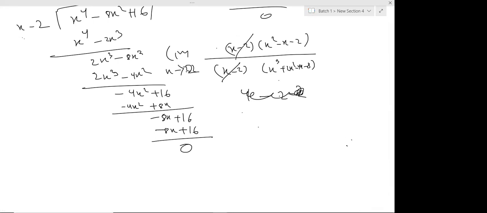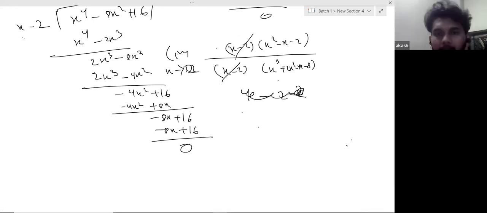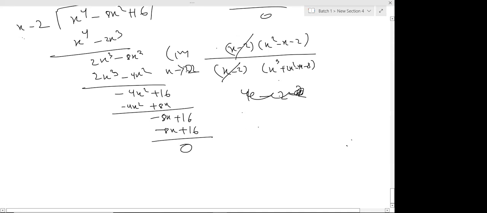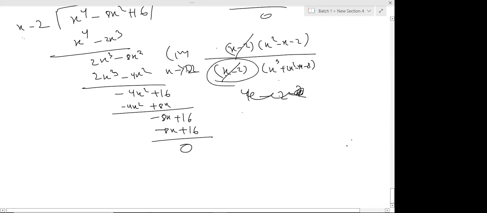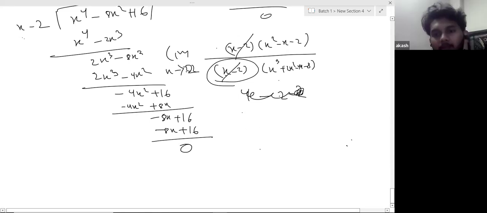So we need to get the simplest form. You need to get the equation where it gets a real value. It doesn't have to be simple, but the factors that are making the denominator 0 should be cancelled out. It should not be in 0 by 0 form. Yes, it should not be in 0 by 0 form.